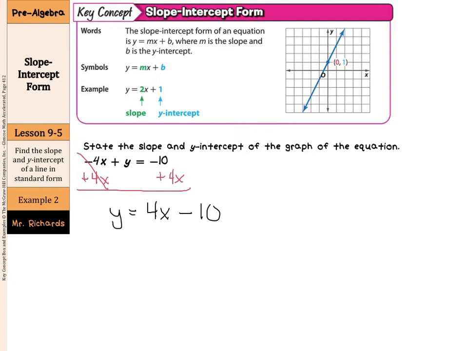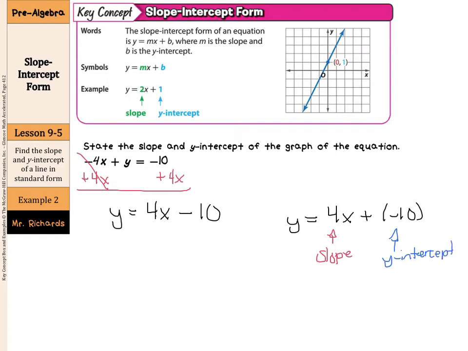Now that's pretty close to slope-intercept form. Slope-intercept form is y equals mx plus b. So technically, you could write this as y equals 4x plus, and since we took the subtraction to an addition, we need to take the inverse of 10, which is negative 10. Now, our slope then is 4, and our y-intercept is negative 10.